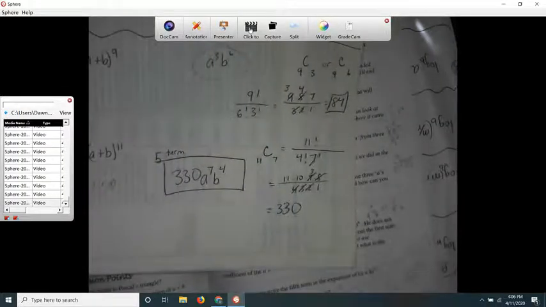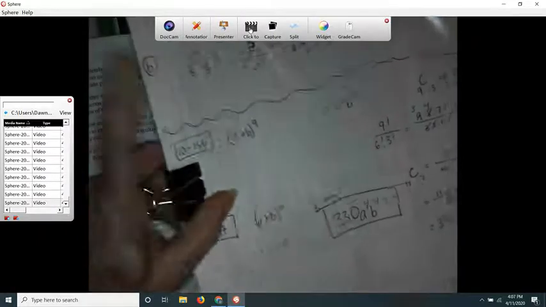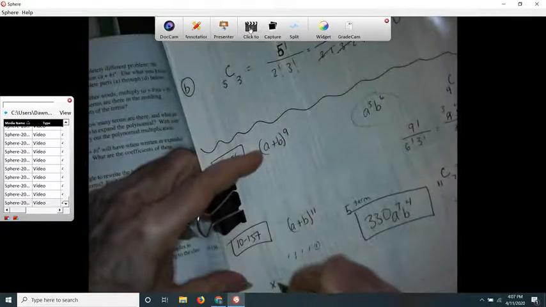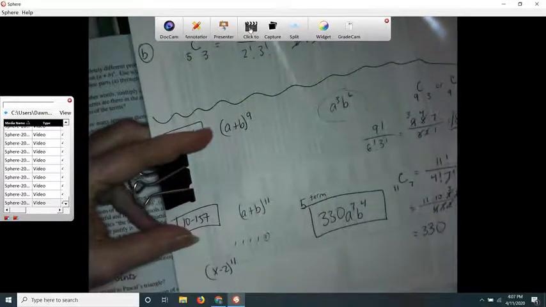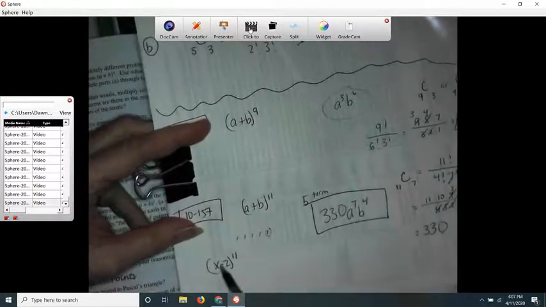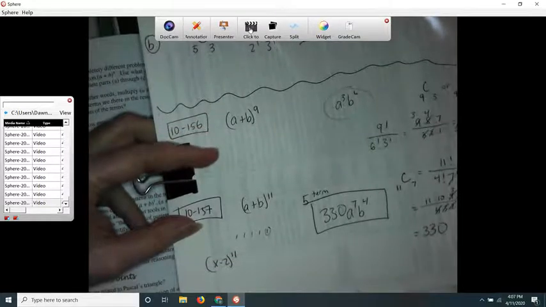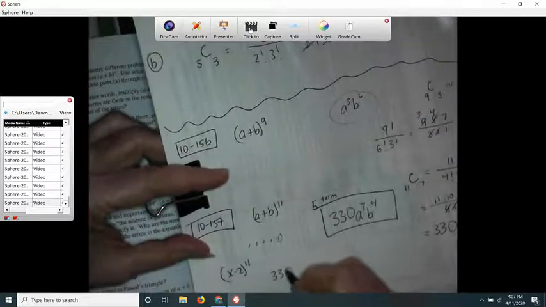Okay, so it's x minus 2 to the 11th. They still want the fifth term, so that's good. I know it's going to be 330 times x.